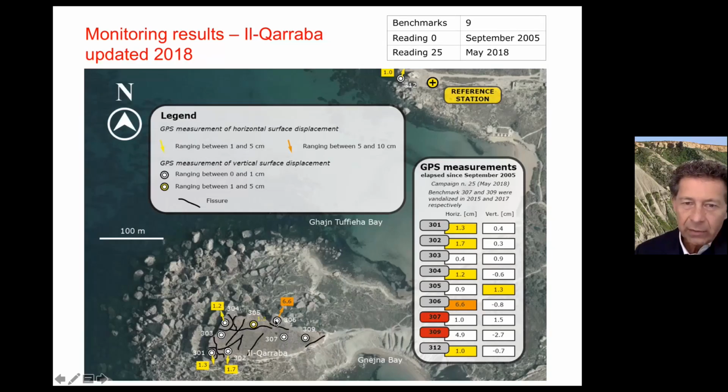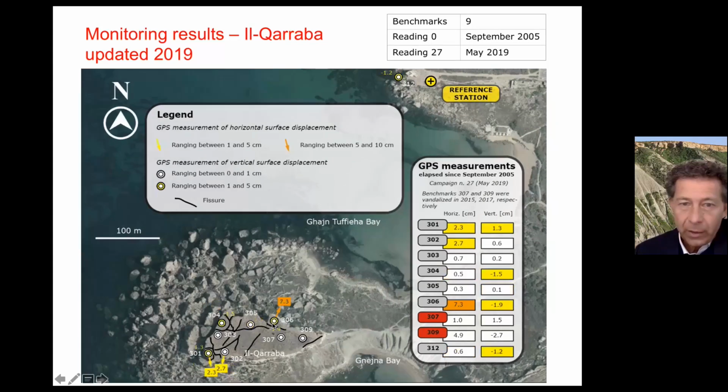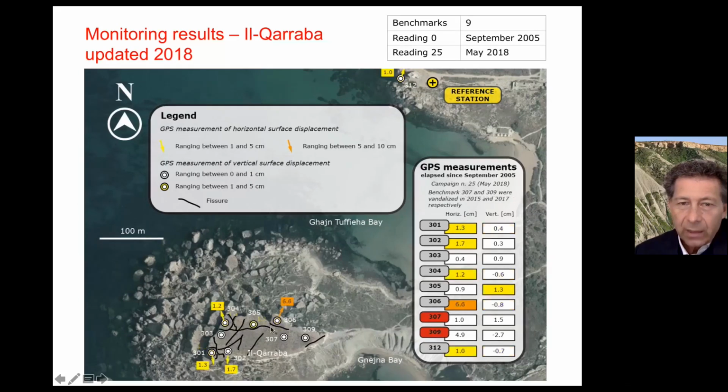So you see that, for example, this benchmark showed a movement of 6.6 centimeters in something like 13 years, so an average of about 0.5 of movement of this block toward the sea. But if we look at the image before, the year after it was 0.8, which means we are dealing with very slow movements, but sometimes look at what happens.